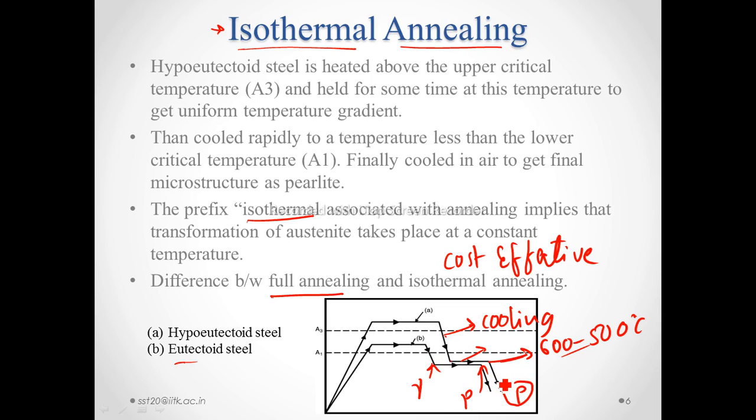There is only a minimum cooling rate needed to maintain the pearlitic region. The products are also very effective. That's why, if you want to remove internal stresses and increase ductility, most researchers use isothermal annealing.